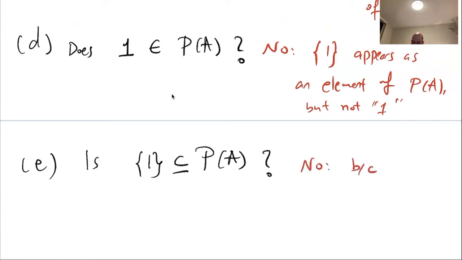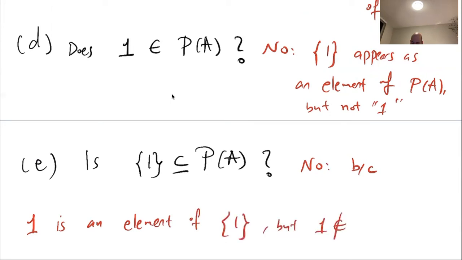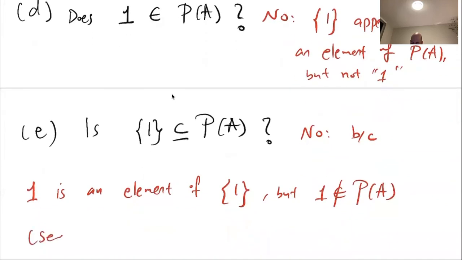So the answer to this is no, because 1 is an element of {1}, but 1 does not belong to P of A. See part D above. Every element on the left-hand side should be an element on the right-hand side.